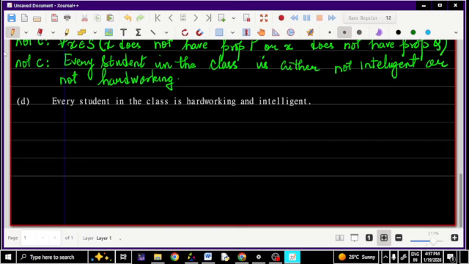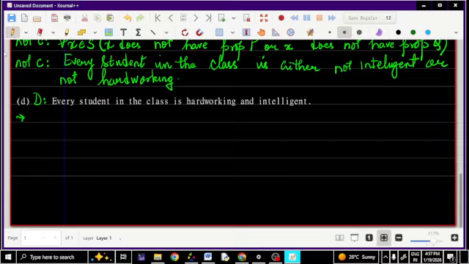Now looking at the last one, every student in the class is hardworking and intelligent. So here now if you see, you have a universal quantifier. I'll call it D. So using quantifiers, how can I write D now?